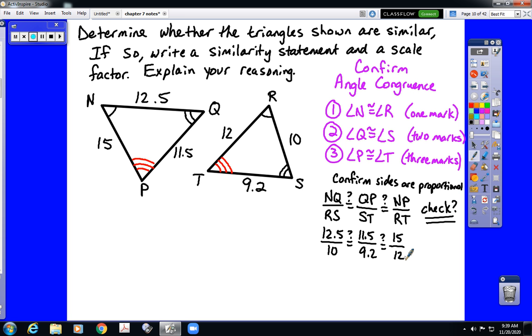So 12.5 divided by 10 is 1.25. 11.5 divided by 9.2 is 1.25. And 15 divided by 12 is 1.25.